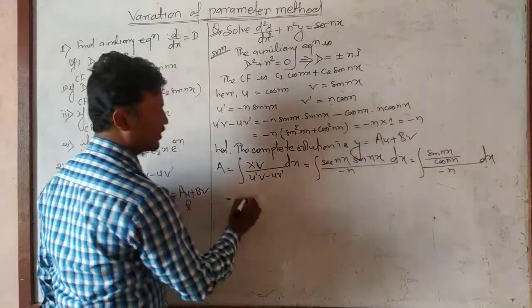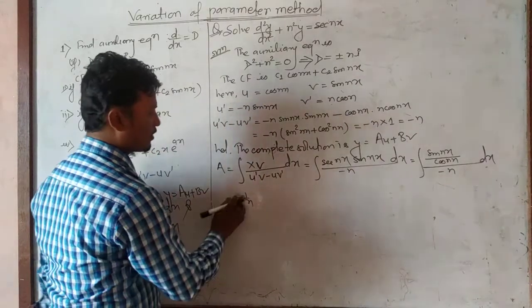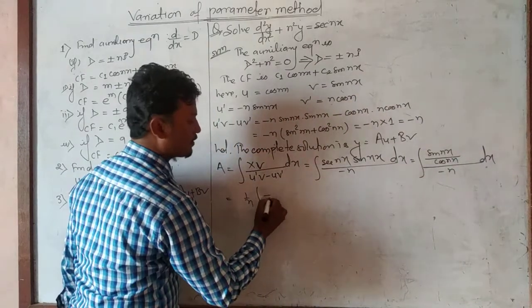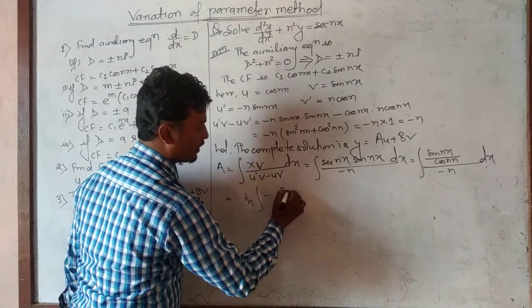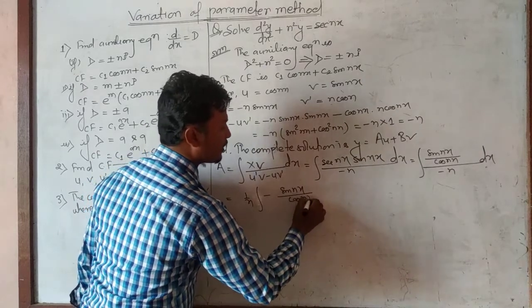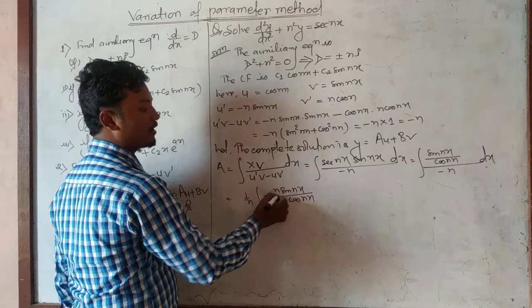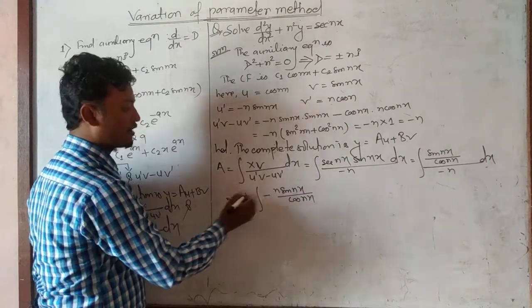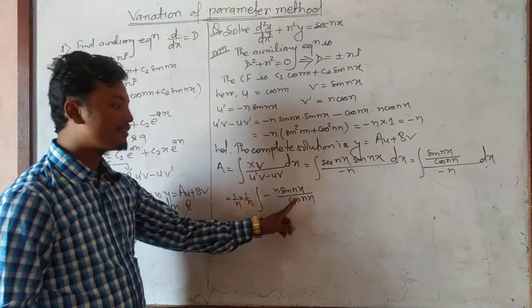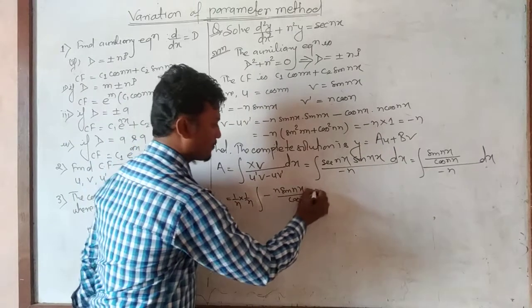So that equals, we can take 1 by n out, but now this minus sign, so here sin nx by cos nx. If you take the derivative of it, we also need n here. So I am keeping n here and we will balance it by 1 by n, because the derivative of cos nx is minus n sin nx.